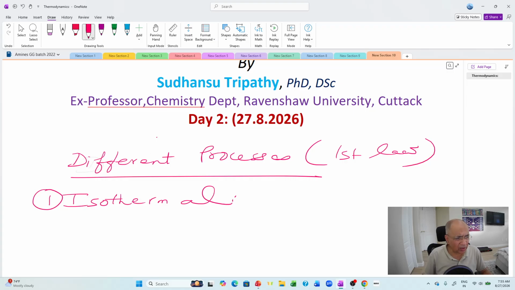Usually, isothermal is reversible. It has to be done in a slow process. Reversible means slow. We'll be talking about reversibility and irreversibility in chemical reactions after some time. Usually, but there can also be irreversible isothermal.